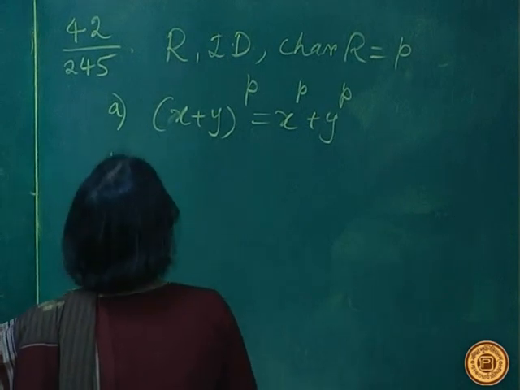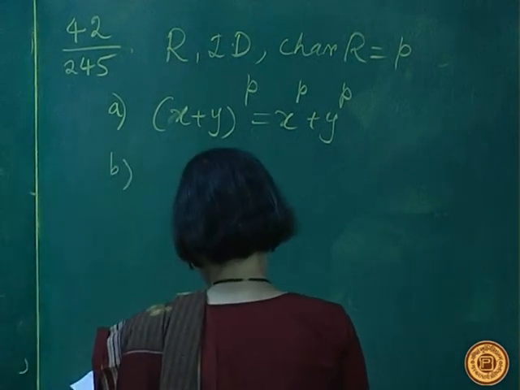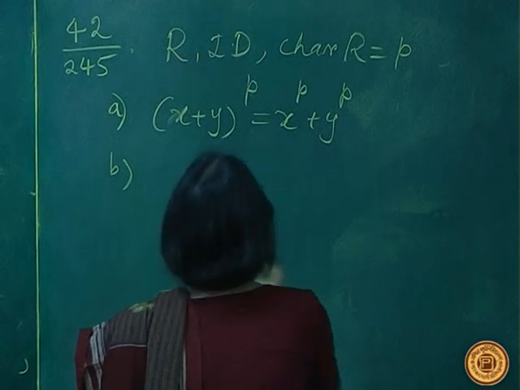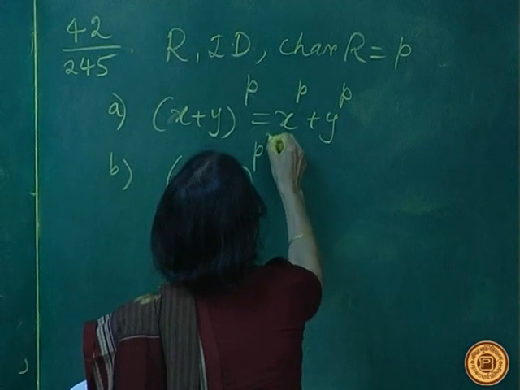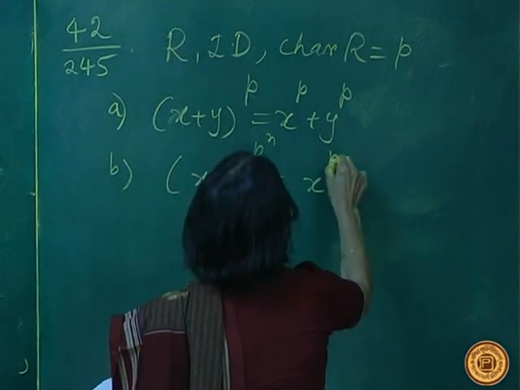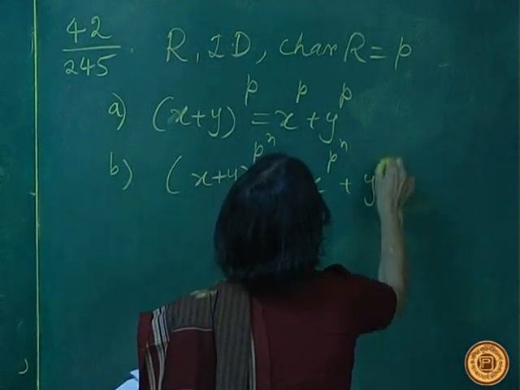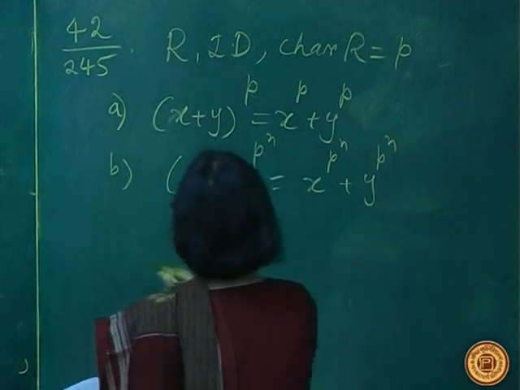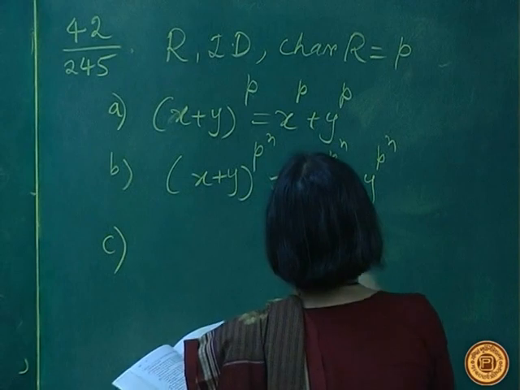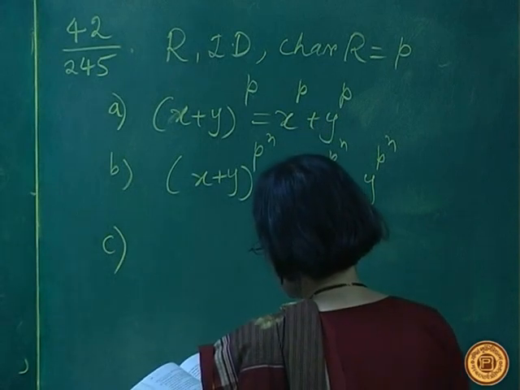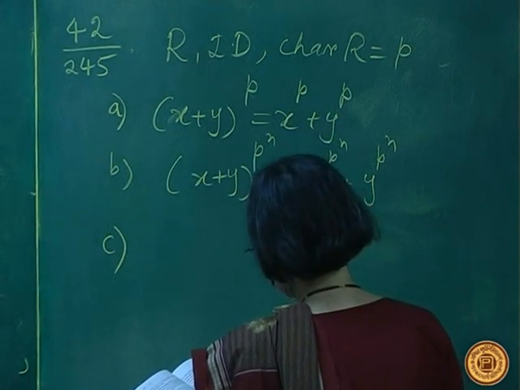We have to show these things: for all positive integers n, (x plus y) raised to p raised to n is equal to x raised to p raised to n plus y raised to p raised to n. Obviously, this follows immediately from the first part by raising to power p both the sides.